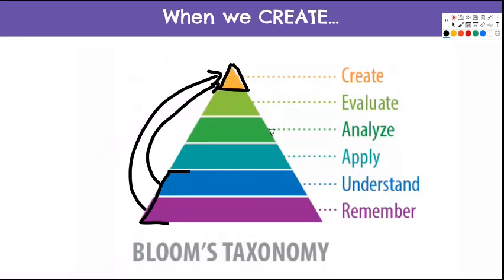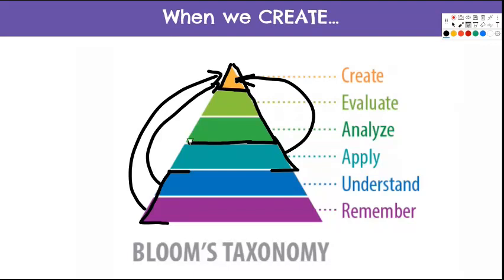If you aren't able to apply, because creating is in a sense the ultimate form of application, you won't be able to apply that content. And of course, when we're creating something, you're not going to add everything that you just read into whatever you're creating. So this is where we end up evaluating and analyzing the content and deciding what is important, what are the things that have to be in there, and that forms part of the creation.